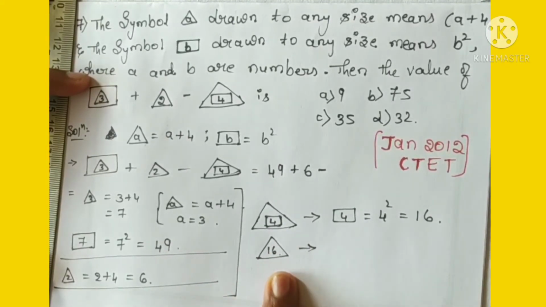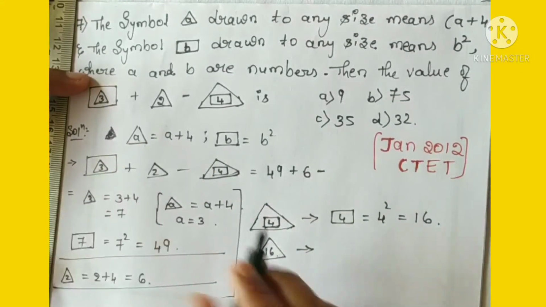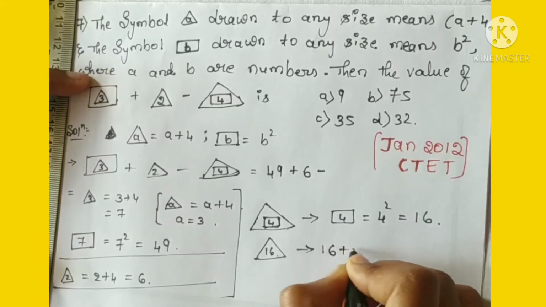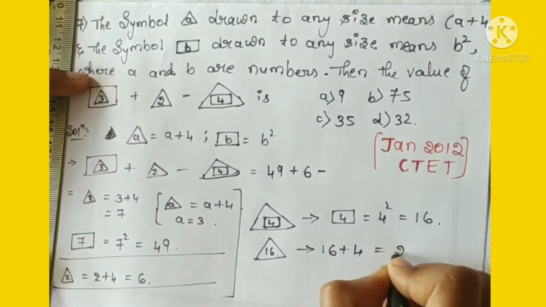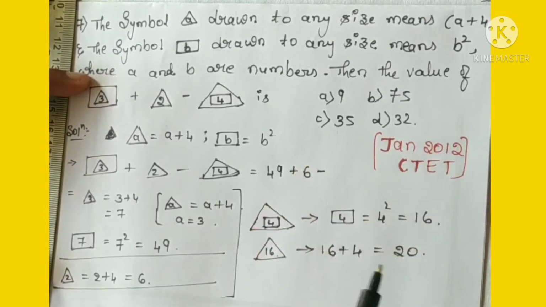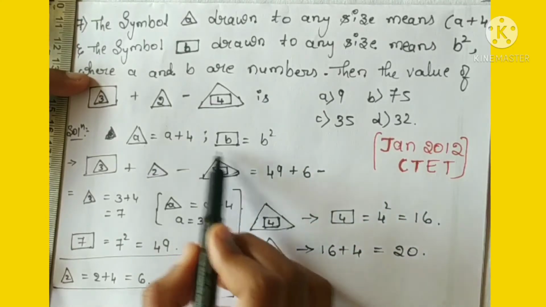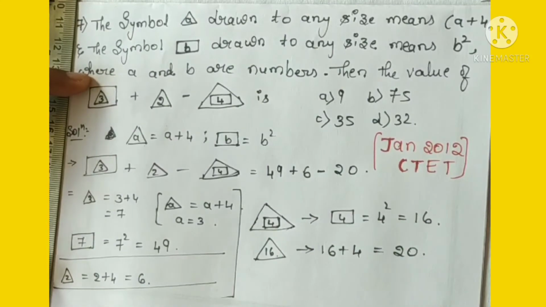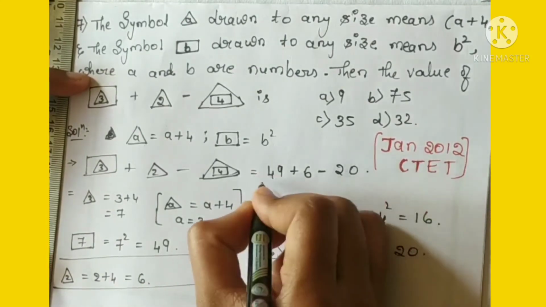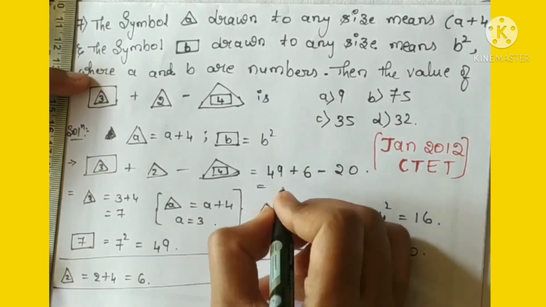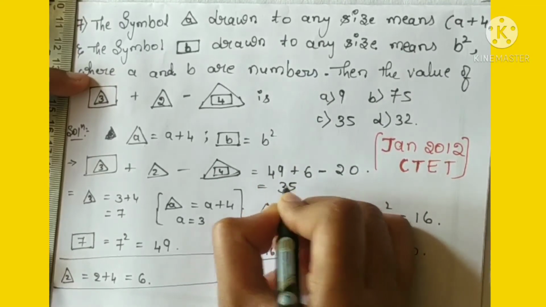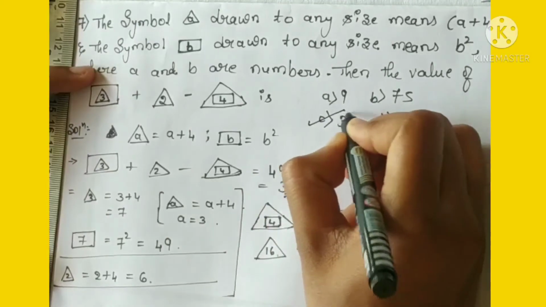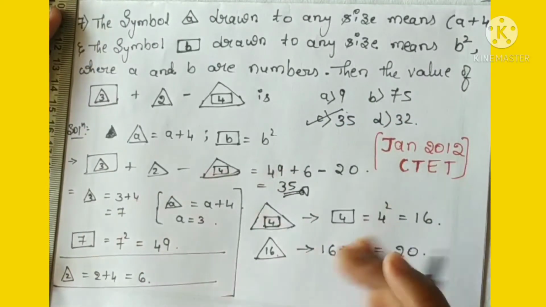Now I apply the rule, triangle A, that is 16 plus 4, which is equal to 20. Now the total value of this term is 20. When I solve this, I get the value 35. So here the correct answer is 35. We just replace the values, that's all.